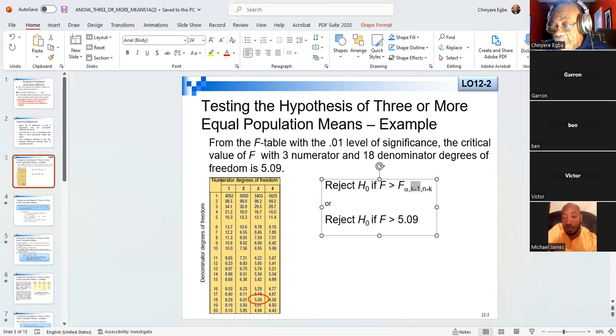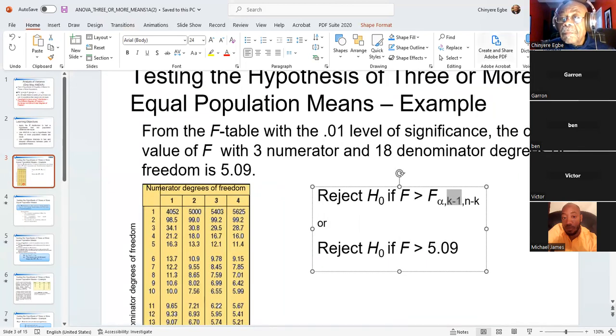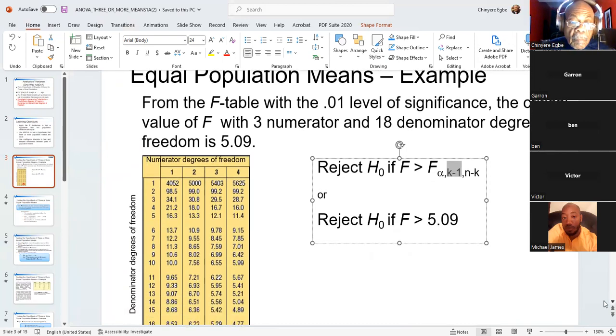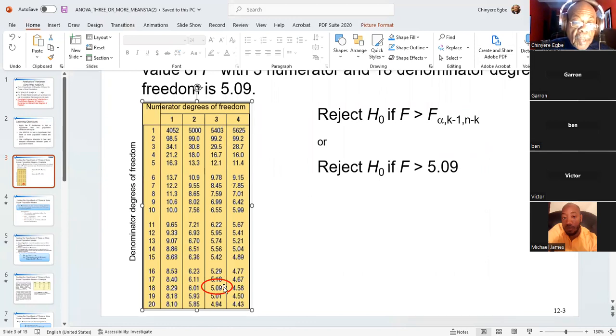And the F distribution is illustrated here, and I'm going to show it. All right. Okay, you can see here that we have degrees of freedom, the numerator, which is 3, and the denominator, which is 18, and that the critical F here, if you use a F table, the critical F here is 5.09.